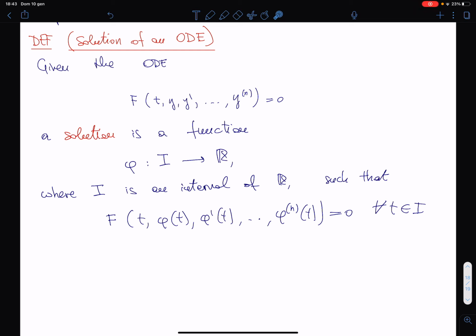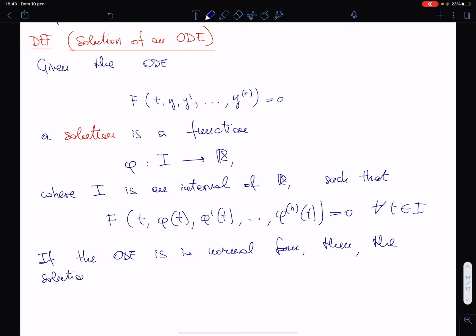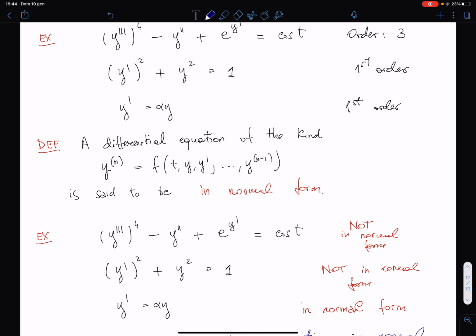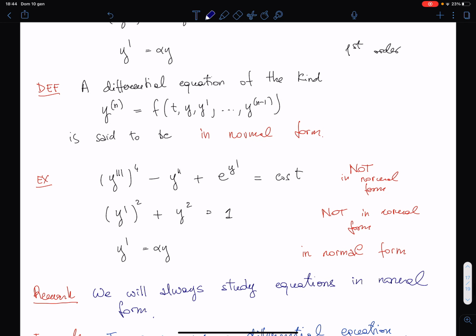And of course, if the equation is in normal form, then the solution phi fulfills the following identity. Where is the identity here?